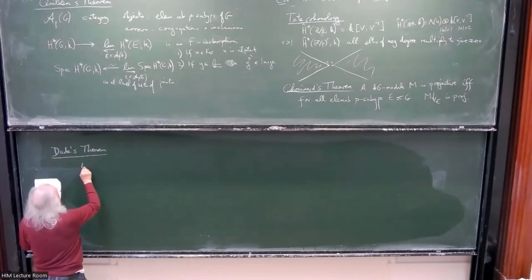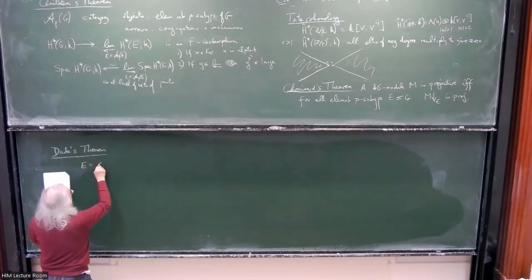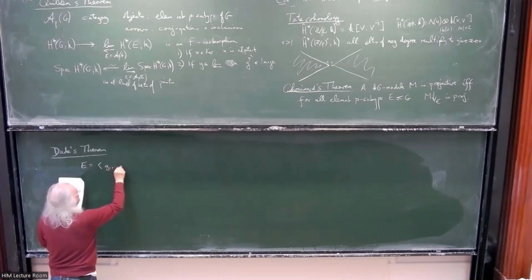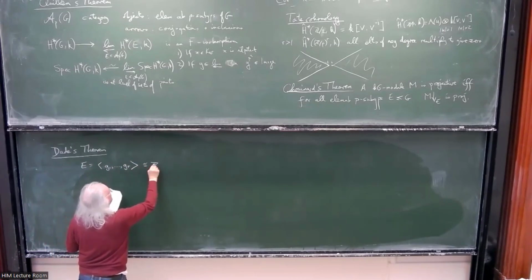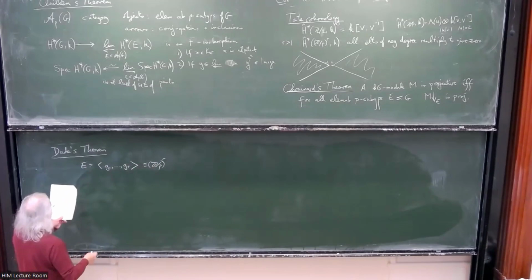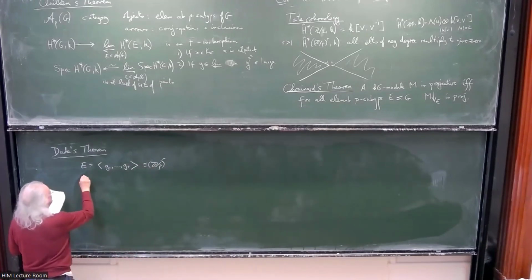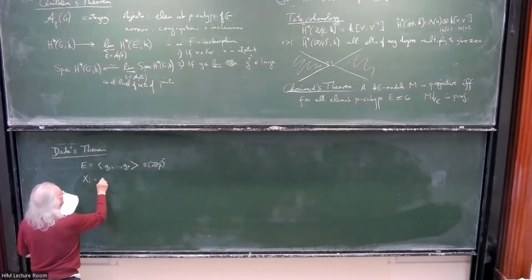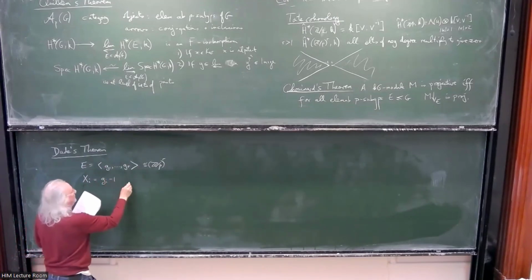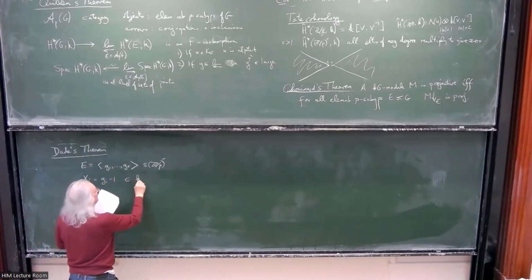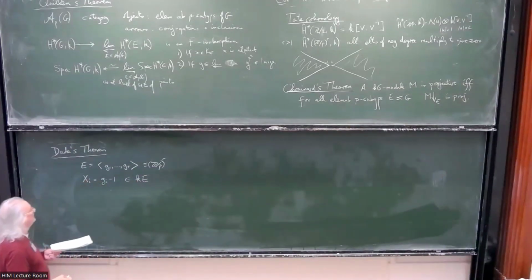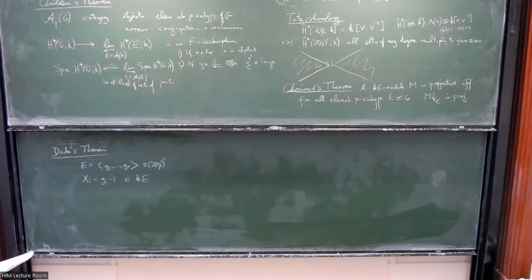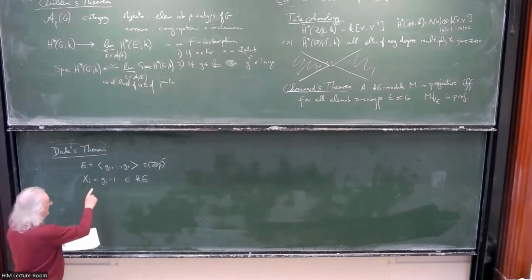Let's start by naming some generators for the group. This is supposed to be your elementary abelian p-group. I'm going to write x_i for g_i minus 1 as an element of the group algebra KE.